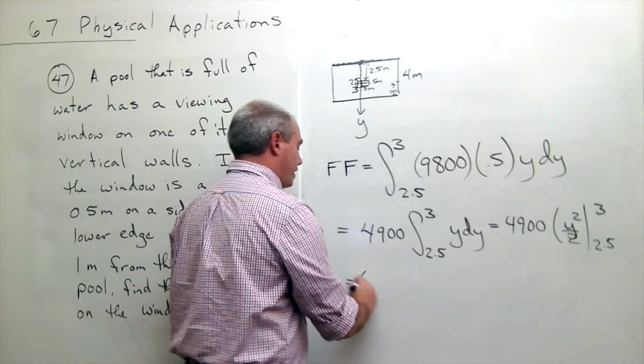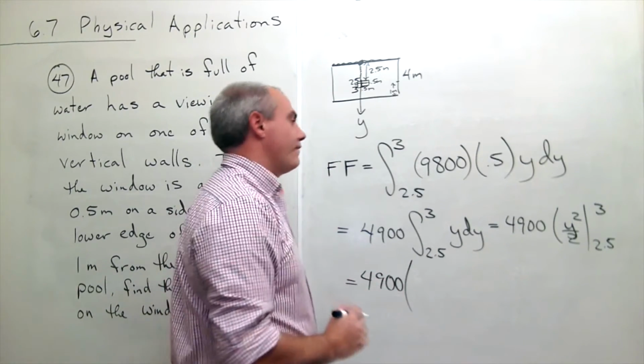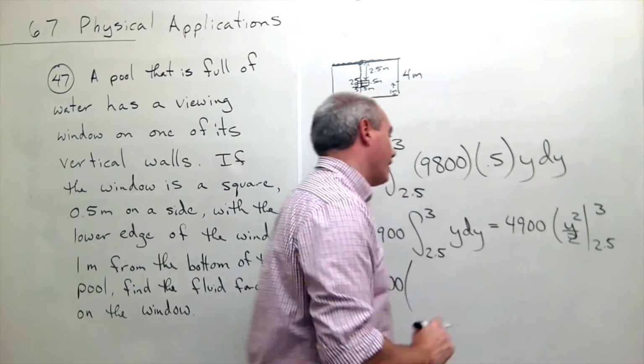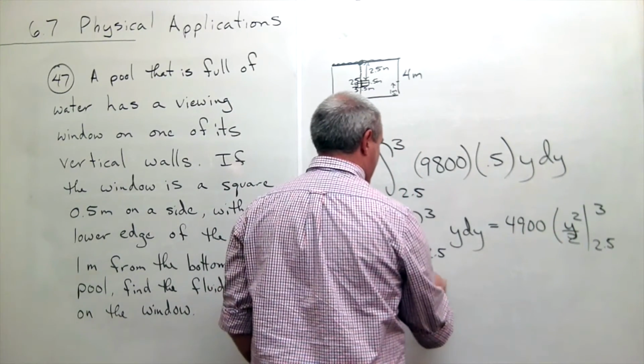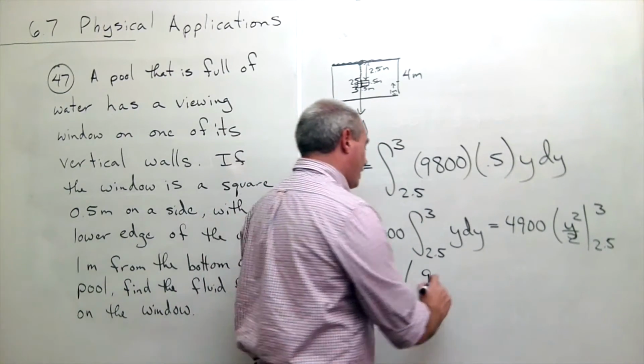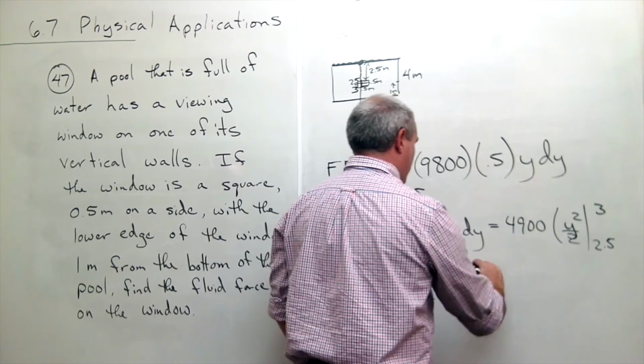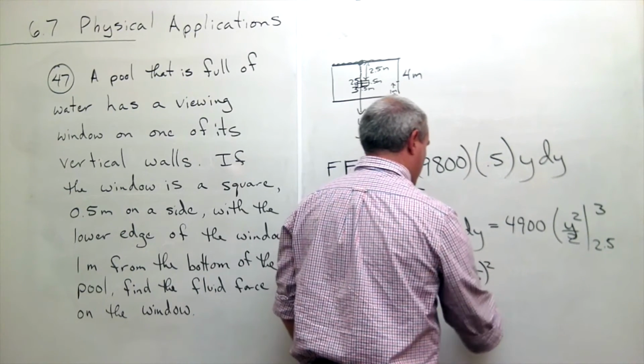Plug things in, and I get 4,900 times, if I plug in 3, 9 halves, and then I plug in 2.5, and I get minus 2.5 squared over 2.